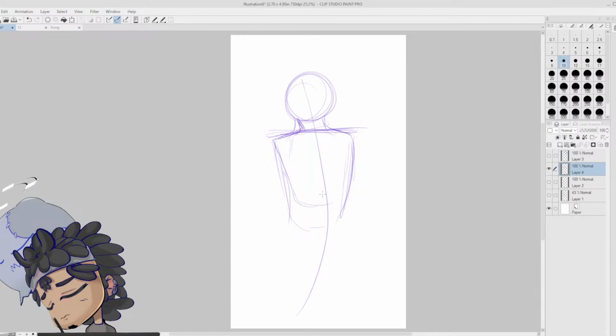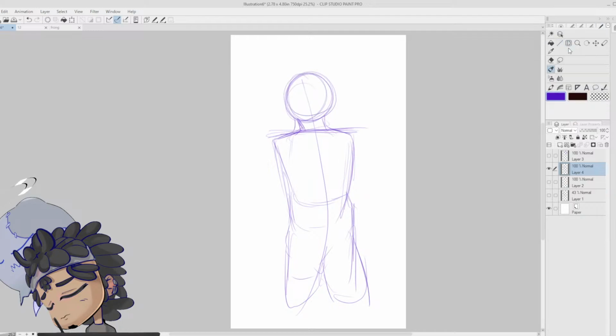So yeah. What you need to do is make sure when you're drawing the body, depending on what you're trying to do, that the head shouldn't be that big. It should always be smaller than you think.